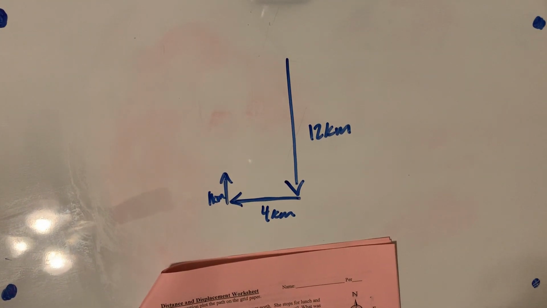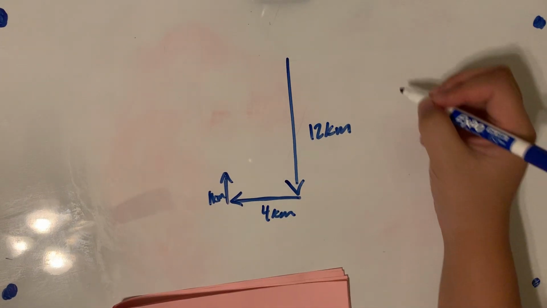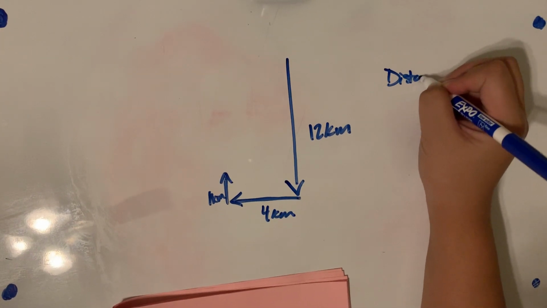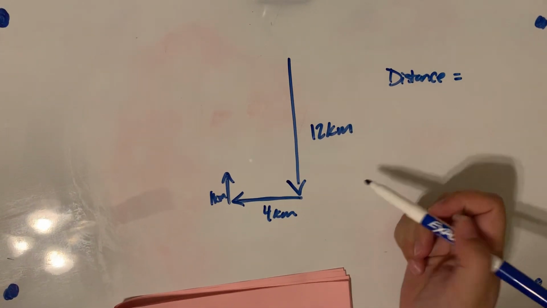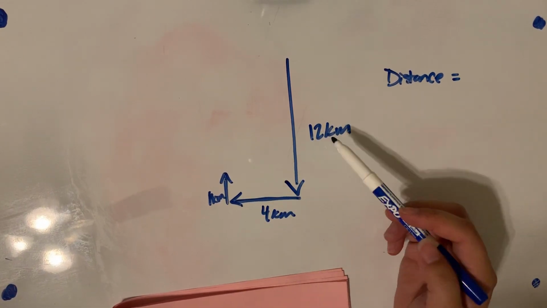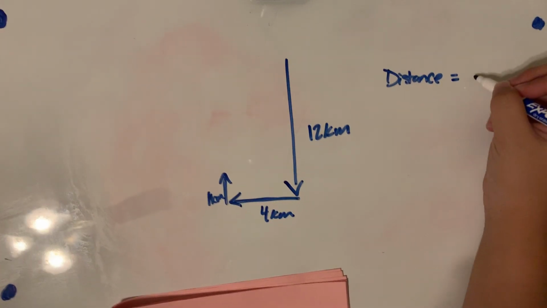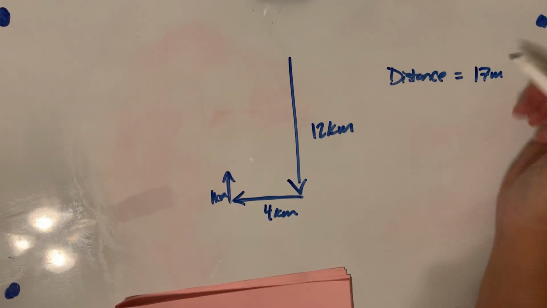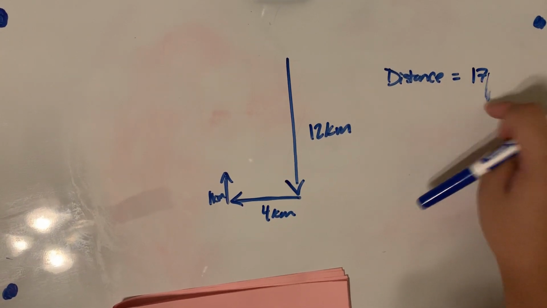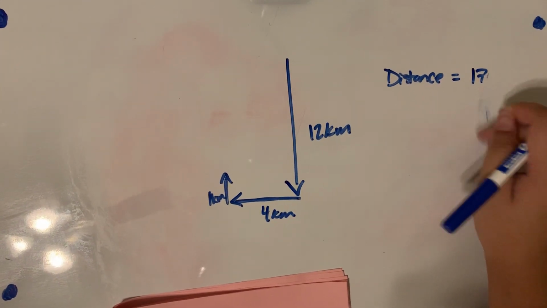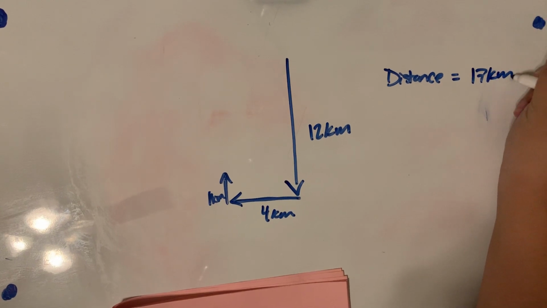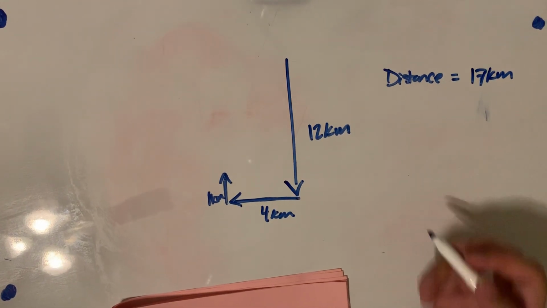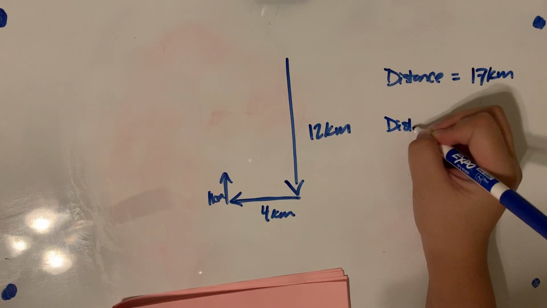Okay, what is their distance they covered? Remember, distance is just how much ground you cover. So 12 plus 4 plus 1, 16 plus 1 is 17. Oops, it's not meters, it is kilometers. Okay, 17.